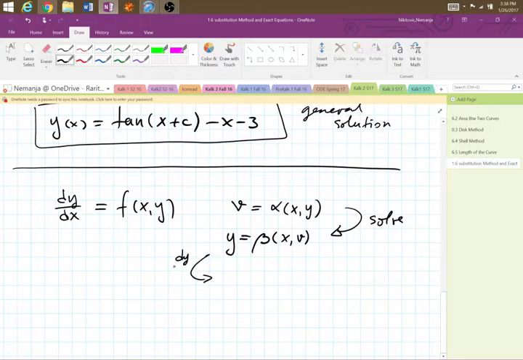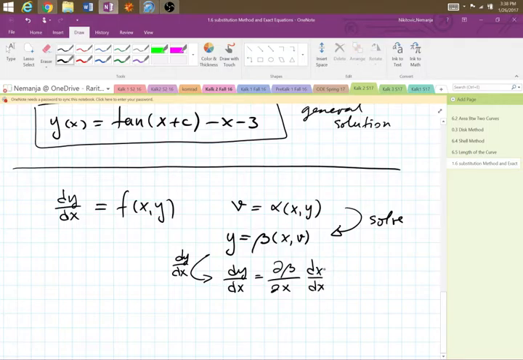So dy/dx is equal to the partial derivative of the beta function divided by the partial derivative of x, so dx/dx.